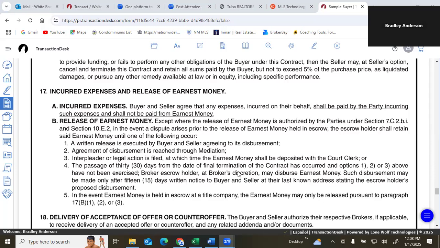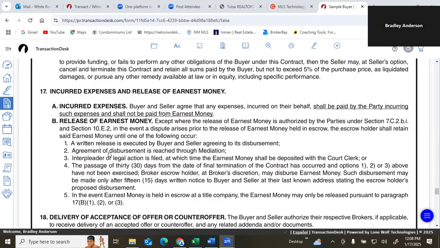So a written release is executed by buyer and seller agreeing to its disbursement. Right? So if it's not recorded anywhere else prior to paragraph 17, but both parties agree to release each other and to disperse the earnest money accordingly to whatever the agreement was, that can be done in writing.